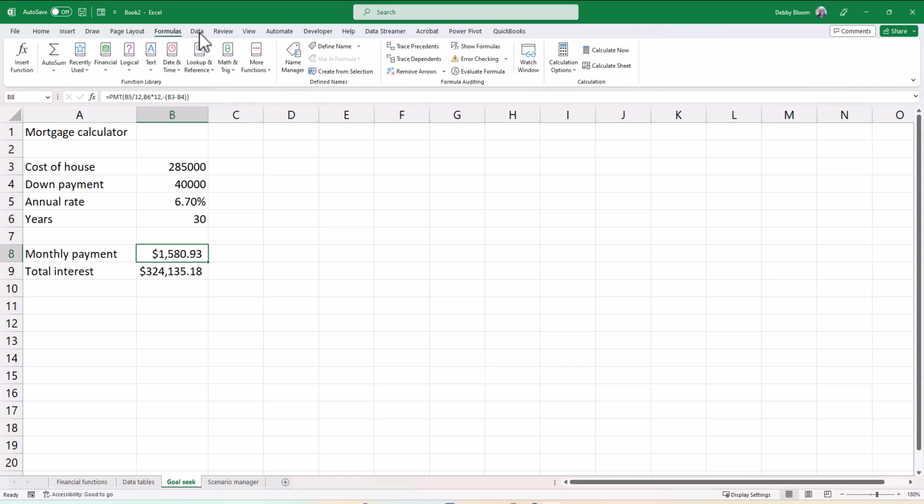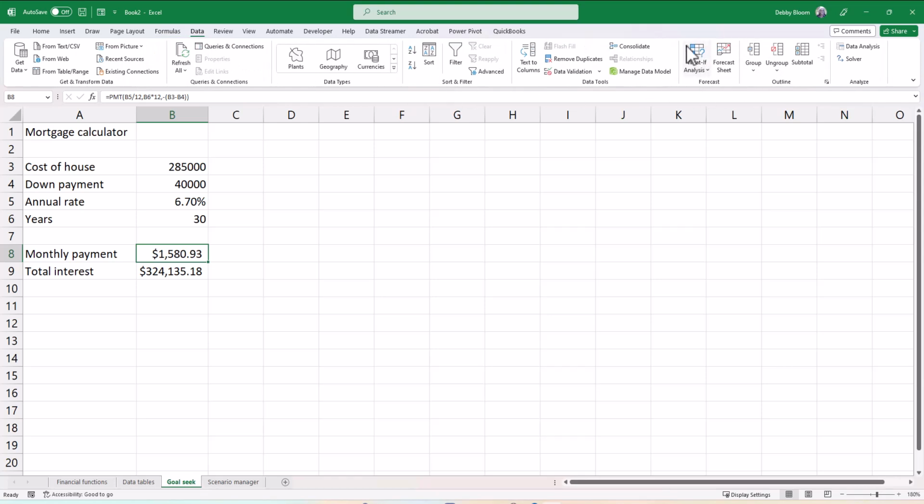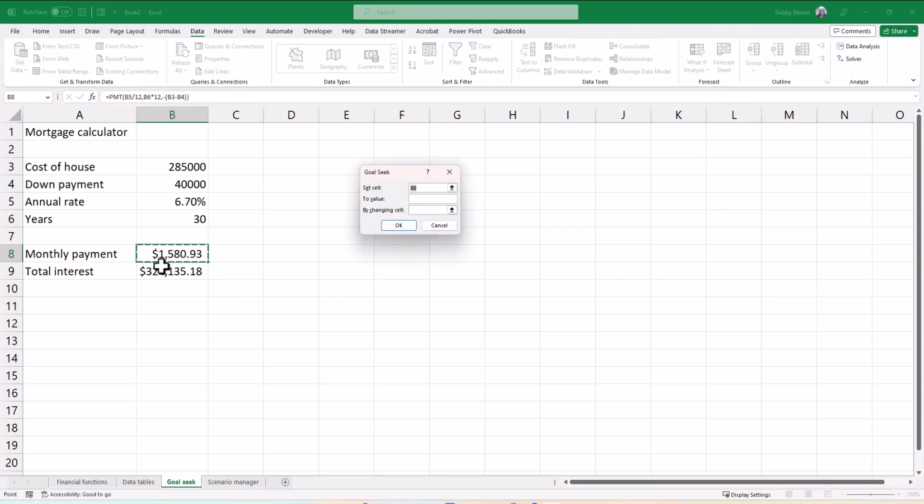So now I'm going to go to my Data tab, back to the Forecast group, What If Analysis, and this time GoalSeek. So set cell is the formula. I don't want this to be 1,500, I want it to be 1,300. So my set cell would be the monthly payment. If you didn't click on it, just click on it now.